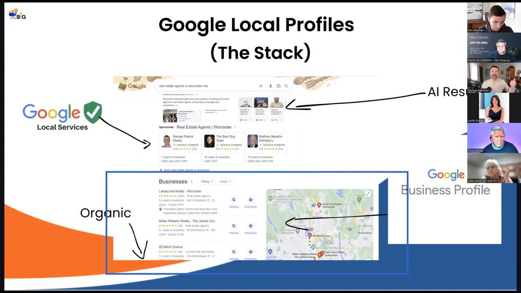It has its own login, its own account creation, its own verification of your business. Now it's more the address and location we're verifying, its own optimization, its own ability to create unique kinds of content. The reviews are distinct from each other as well, although you can move reviews back and forth after the fact. We'll talk about that a little bit later. But for the most part, think of it as a completely separate platform.